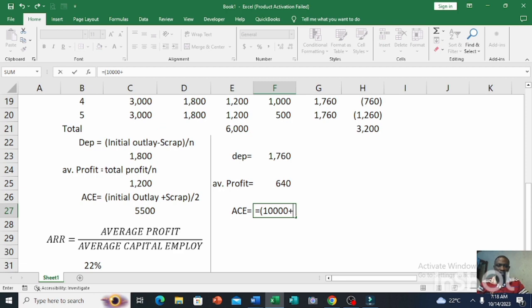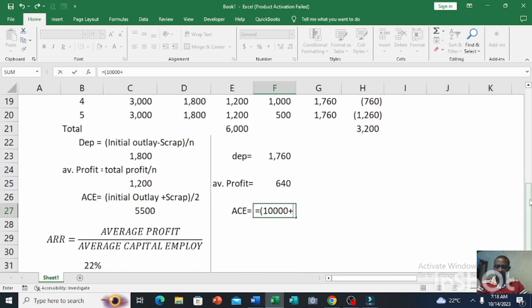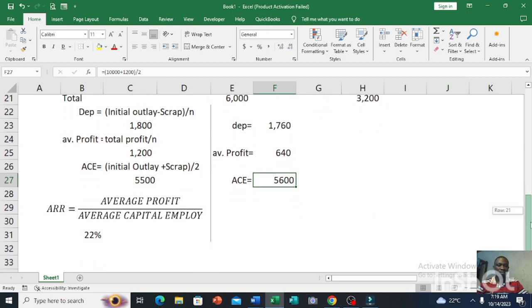Our scrap in this case is 1,200 francs. Divided by 2, and then bam. So our average capital employed in this case is 5,600 francs.